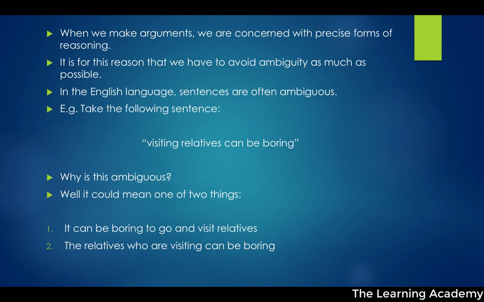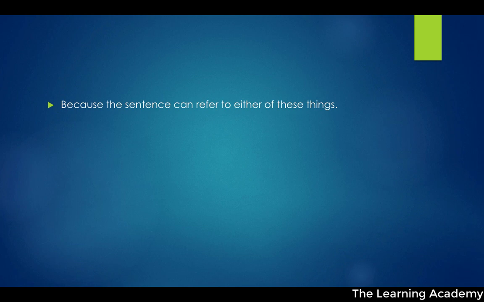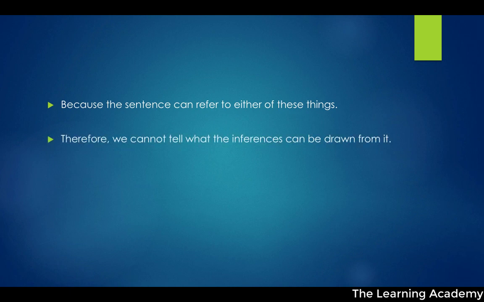We could be talking about two completely different things here. One involves the relatives coming over to you, and the other involves you going to the relatives. So we would suggest that this is quite ambiguous, because the sentence can refer to either of these things. We cannot tell what inferences can be drawn from it.